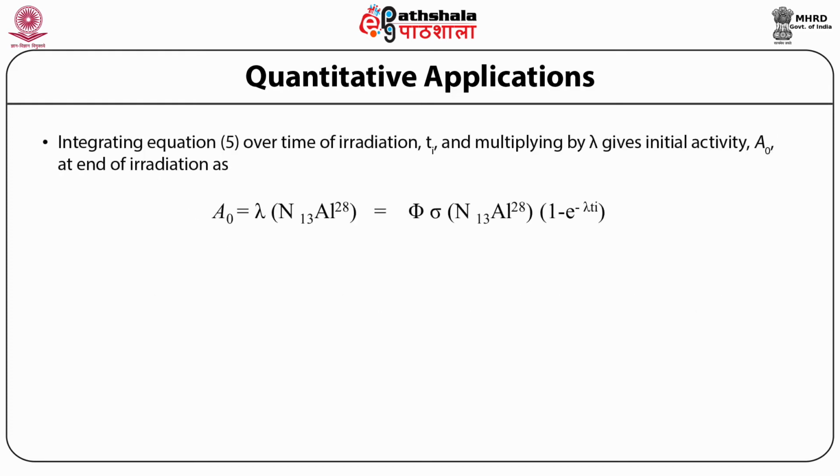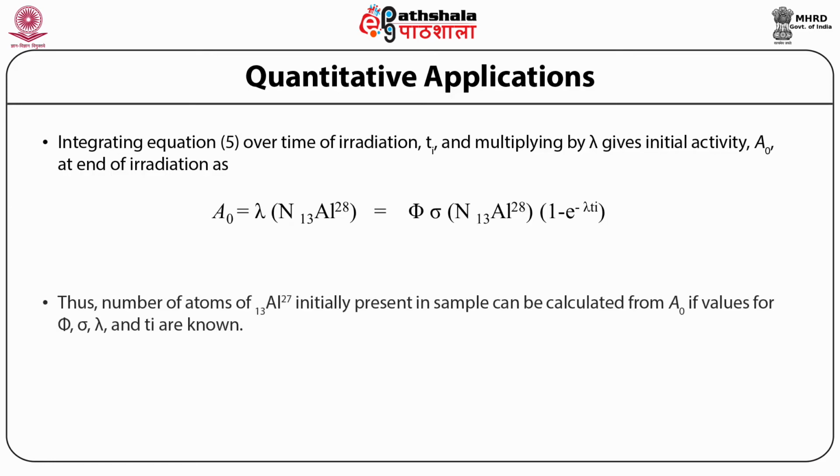Integrating equation 5 over the time of irradiation Ti and multiplying by lambda gives the initial activity A0 at the end of irradiation, as shown in the following figure. Thus, the number of atoms of aluminum-27 initially present in the sample can be calculated from A0 while values for psi, sigma, lambda and chi are known.